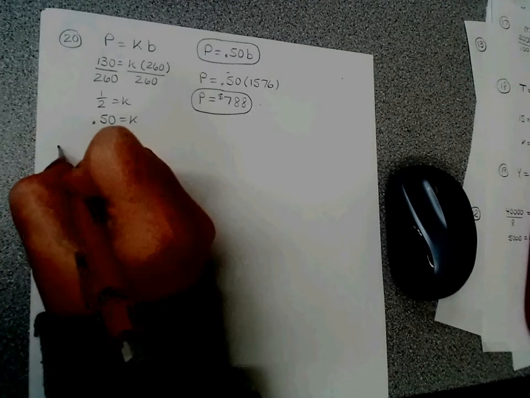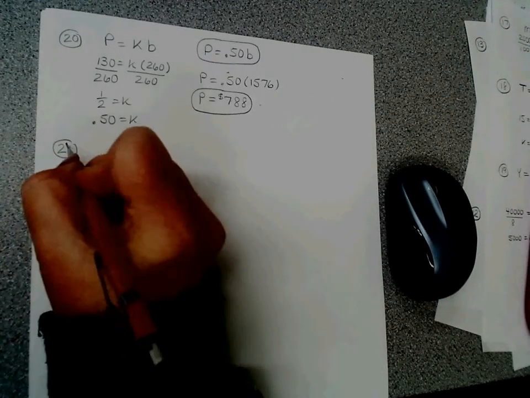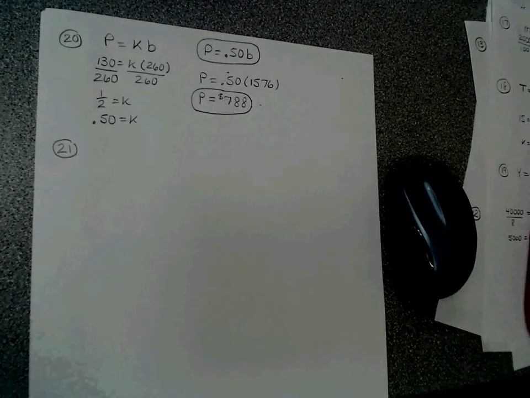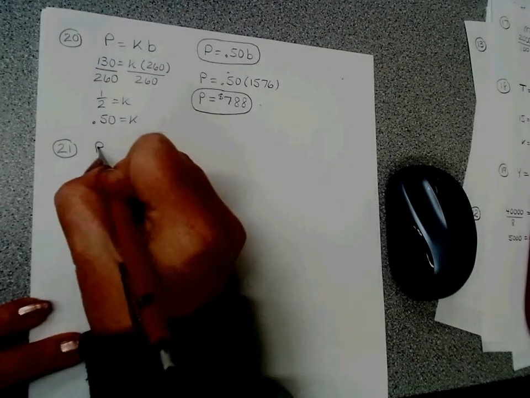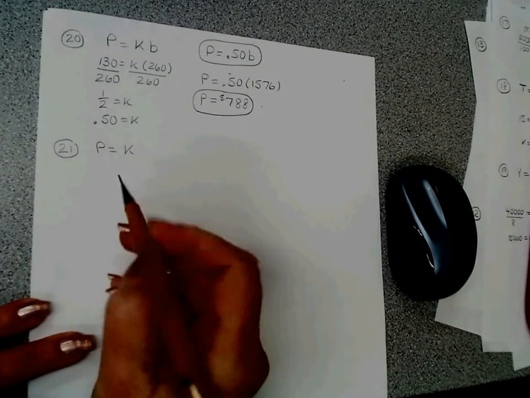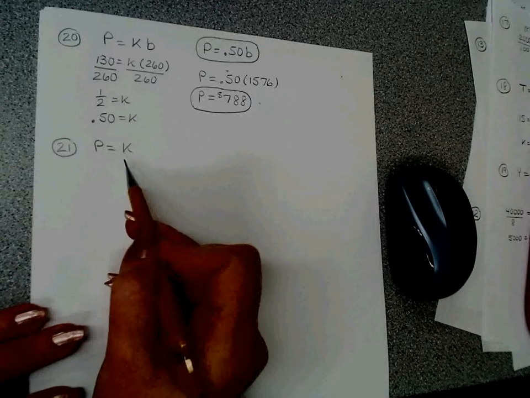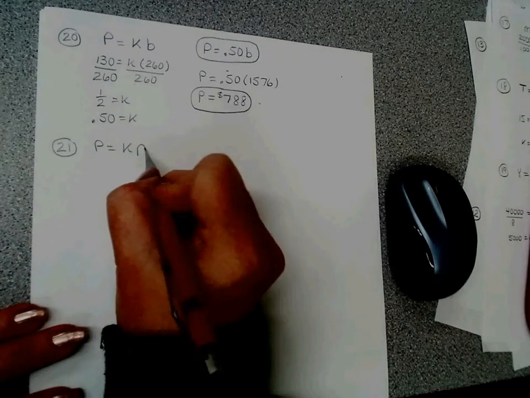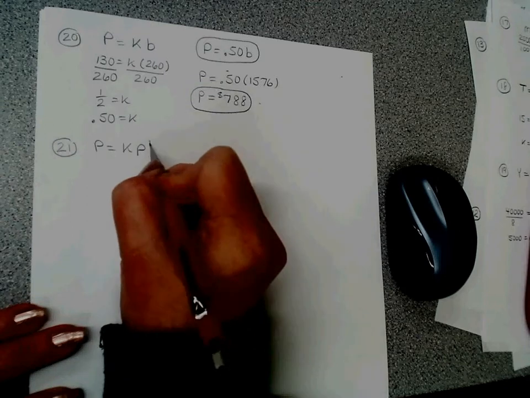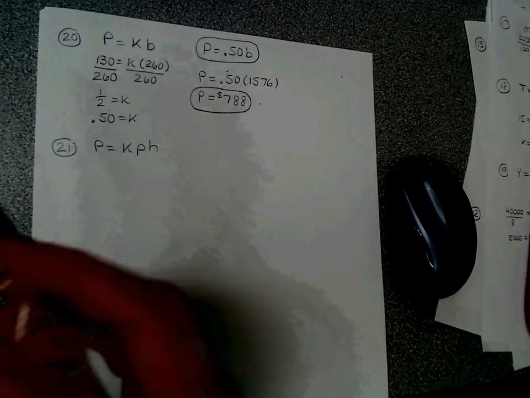And last out of this batch, number 21, this is Chayton and Josh's problem. Chayton and Josh get a job doing sound in an event. Their pay varies jointly, so pay, and anytime you hear the word varies, there's got to be a K, jointly as the number of people attending and the number of hours they work.